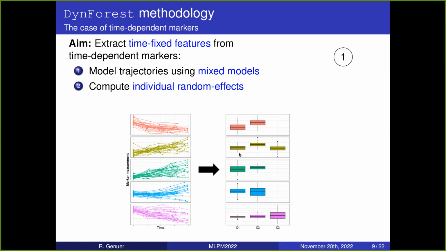But if we use some spline models, for example, we can get 3 or even more random effects associated to the different parameters of the model. So actually, we summarize the trajectories by those individual random effects, with a certain number of random effects per marker. And then we will use those features as time-independent features to be able to split on them.